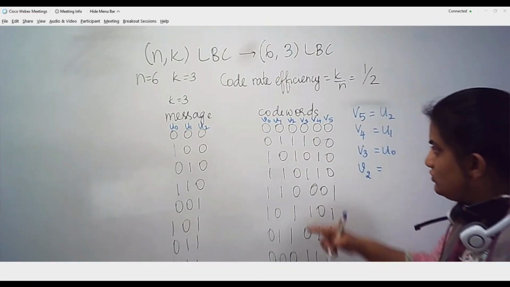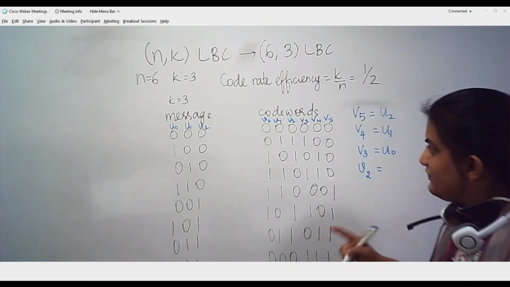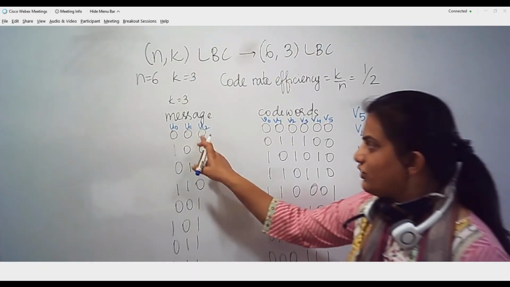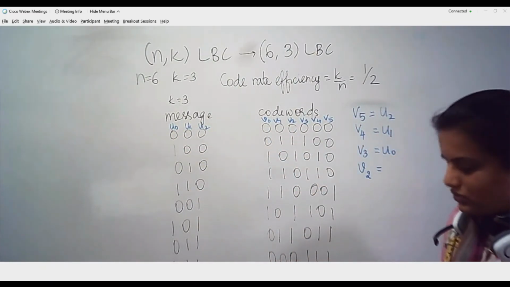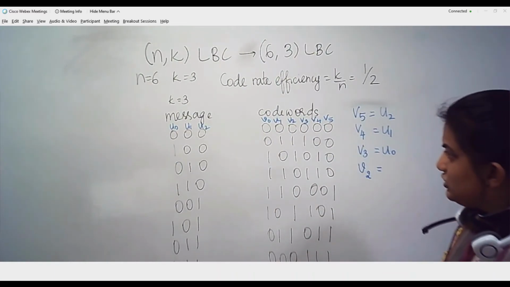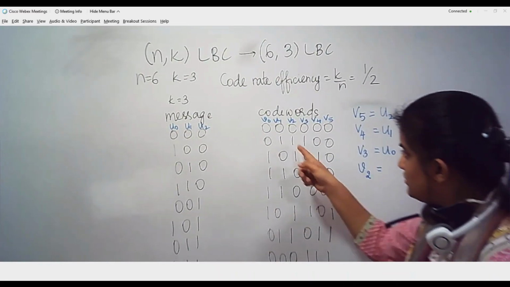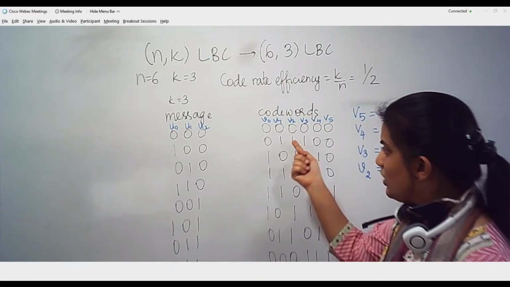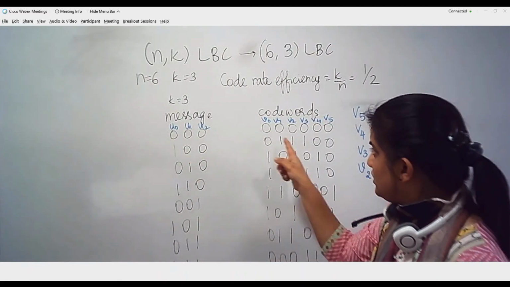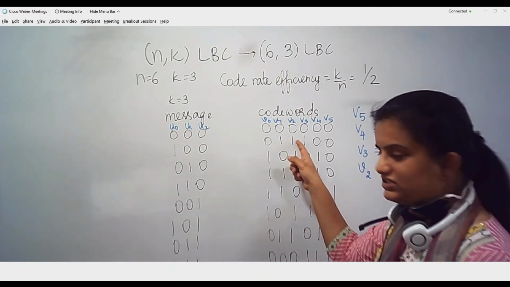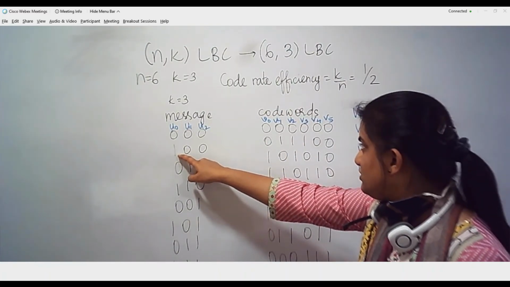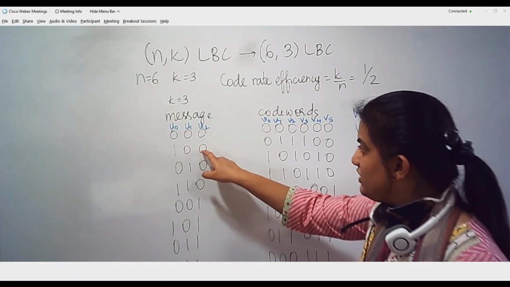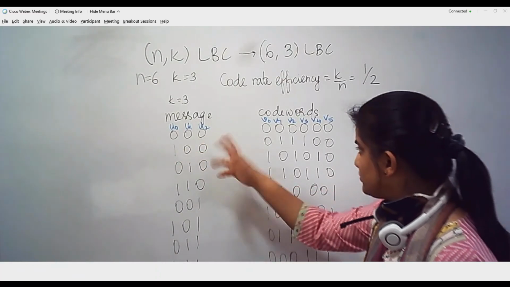Consider this V2. See which combination of U0, U1 and U2 is going to generate V2. Let us consider the non-zero combinations here. If you see V2 in this second row, I will need U0 definitely, and there will be either U1 or U2 or both possible.